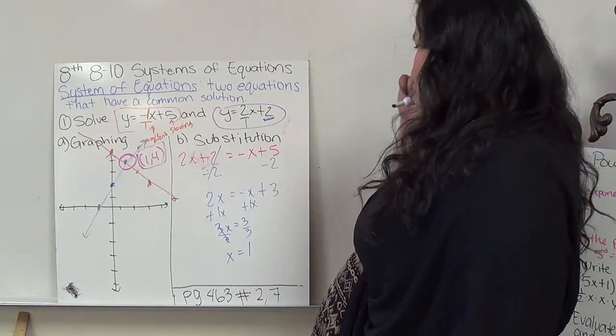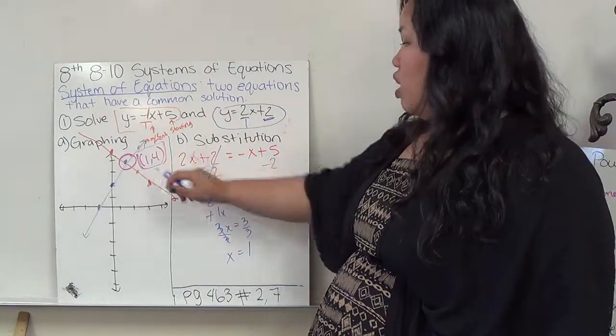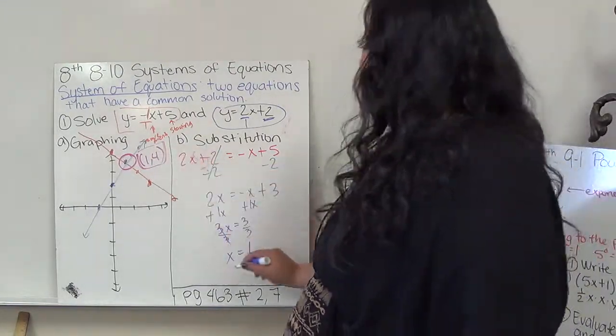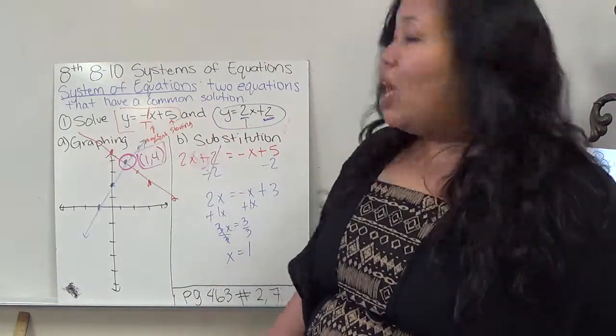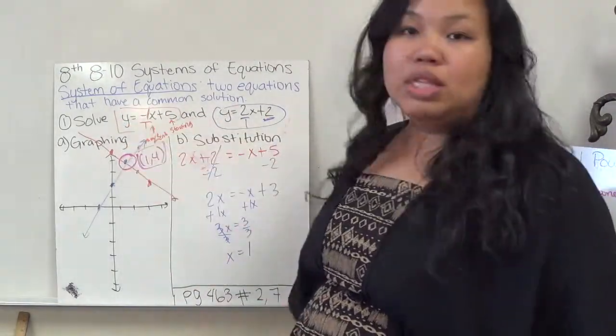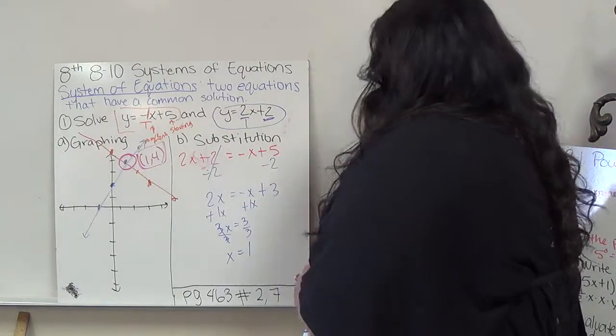Okay? But this doesn't give me the whole answer. It just gives me the first one. So once I find one of them, then I'm going to plug it in. But because it should be true for both, it doesn't matter. I can plug in 1 here, and it should give me the same answer as if I plugged in 1 there. So once I find it, I'm going to plug it in.